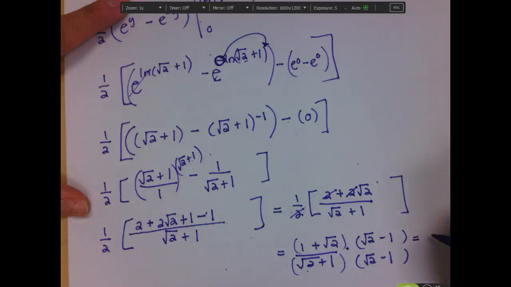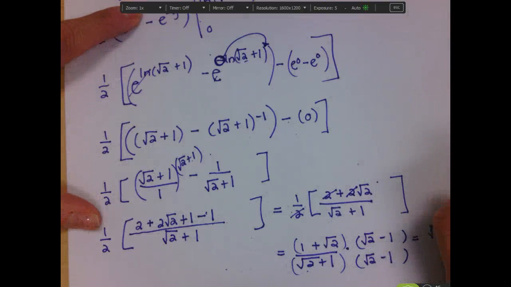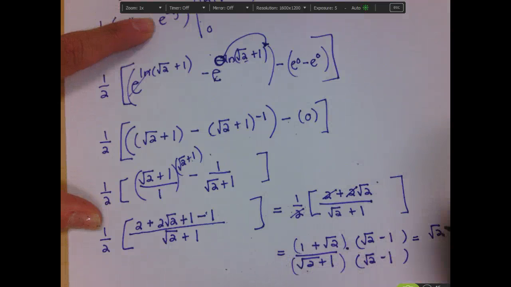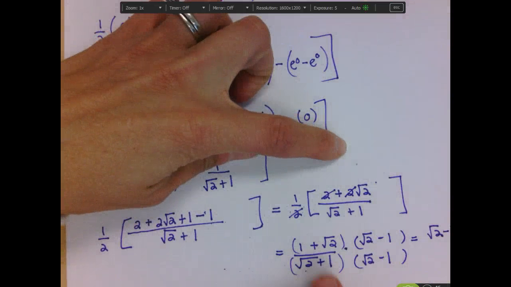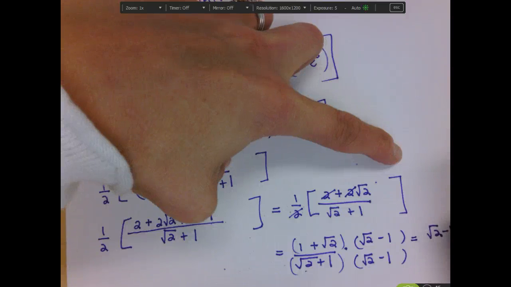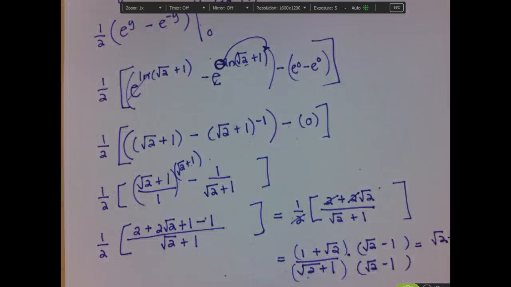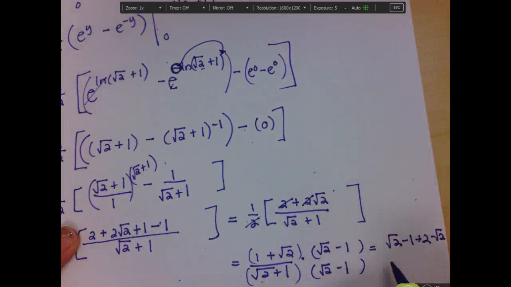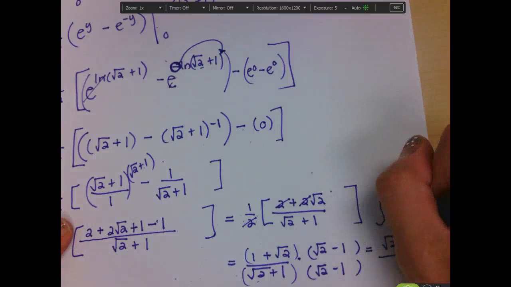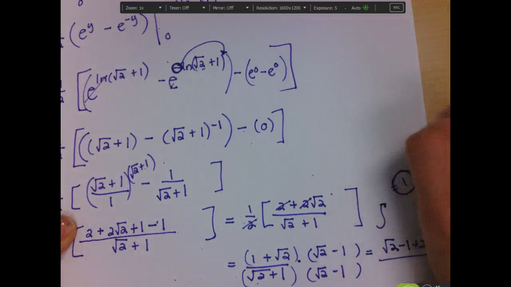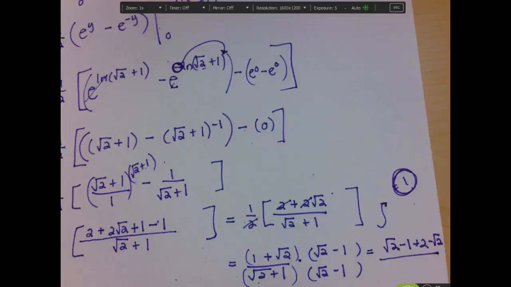And so you're going to get the square root of 2 minus 1 plus 2 minus the square root of 2. Whoops, sorry about that. I'm going to run out of time here, but do all of your simplifying. Hopefully you're going to get an answer of 1 after all of this. The answer comes out to be 1.